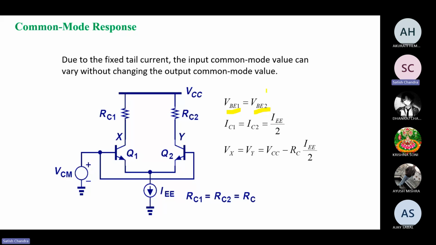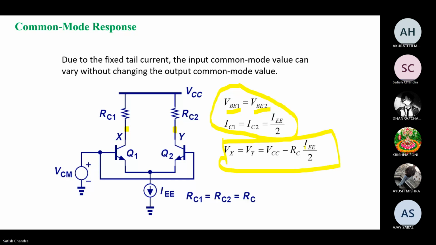So I am saying this is a matched circuit, and the values at this end and this end will remain the same irrespective of the input signal. Because you can see here, no common mode is going to come. Whenever the common mode is there, it is not going to be reflected over this Vx and Vy. That is why, with the help of this one, the calculation is going to be easy.